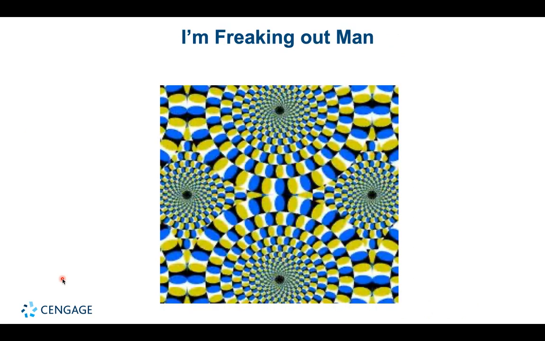So here's a great example of the difference between a stimulus and perception. This is a visual illusion known as apparent motion. As your eyes cascade across this image, you will see little bits of rotation in these rings of color around these black dots, right?